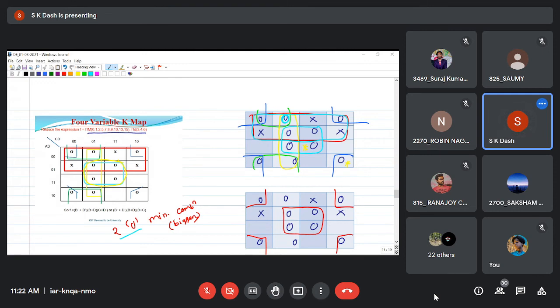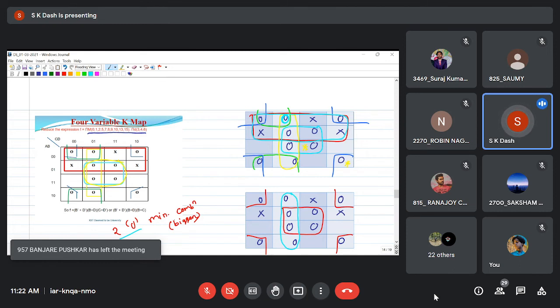Next, is it possible using any quad? So we can do it by using a quad. So two possibilities are there. Depending upon my wish, I can go for this blue color quad, or I can go for this green color quad. So in either case, I will be able to cover both the zeros. Okay. So the answer will be any three quads.